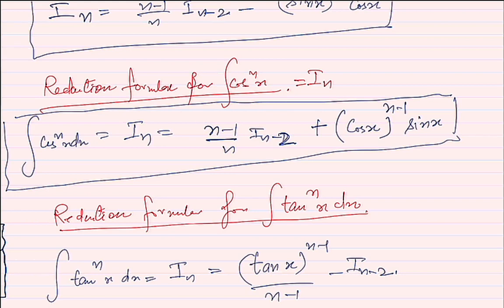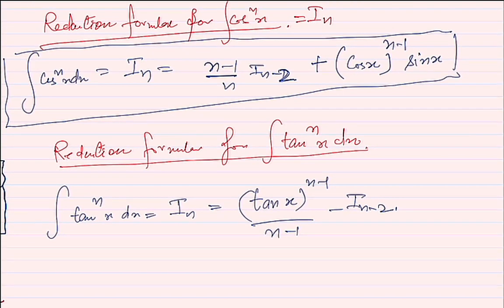Okay, so similarly you have a reduction formula for cot nx, secant nx, cosecant nx, and alright. So using these reduction formulae, try to solve examples as well as exercises.